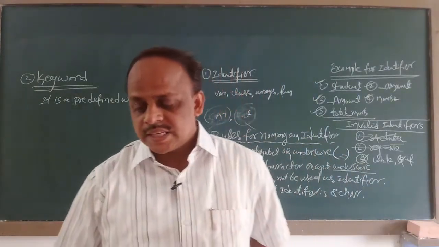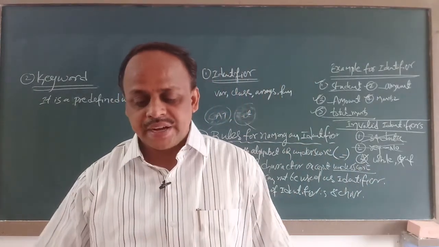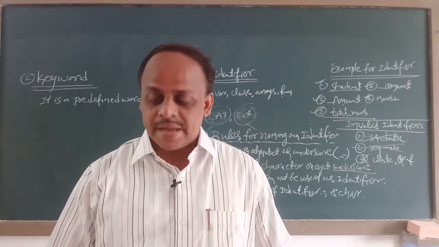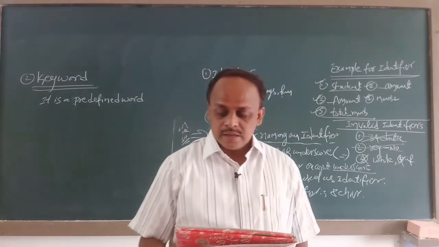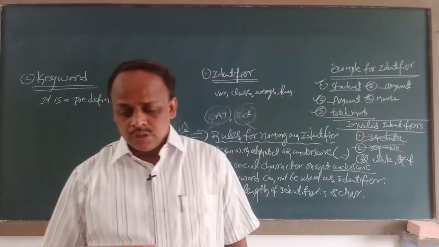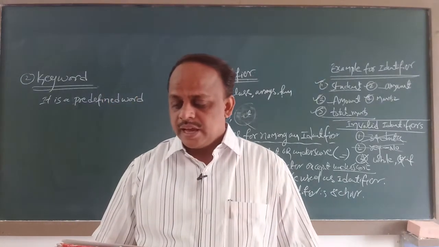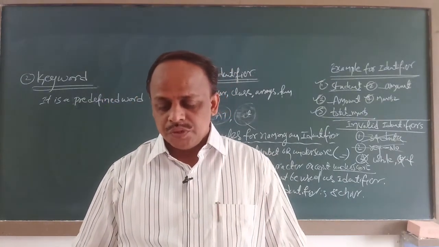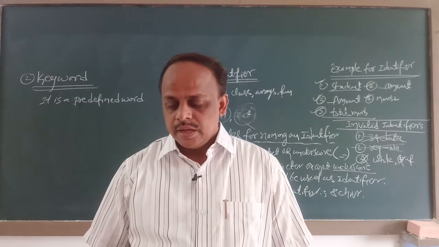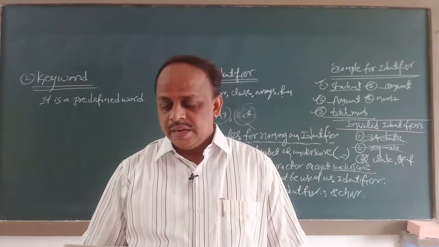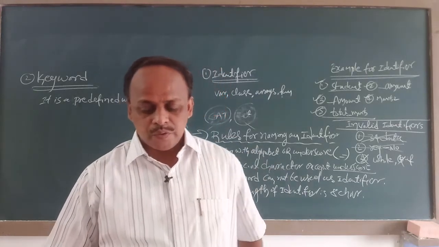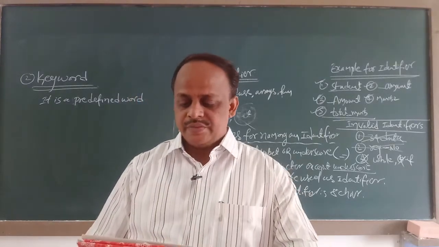A keyword is a predefined word that gives a special meaning to the compiler. They are keywords which can be used for their intended purpose and should not be used as normal identifiers.